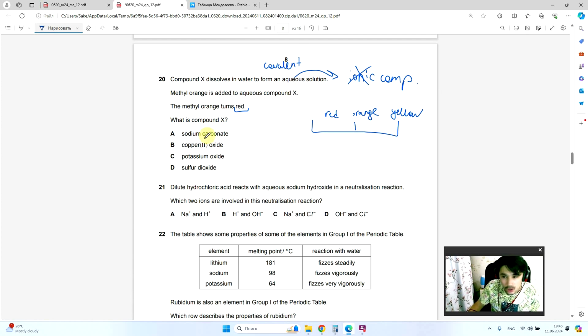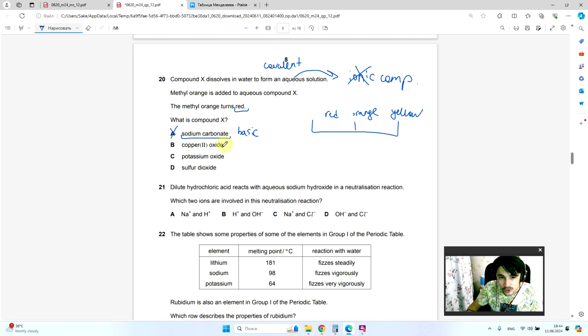So sodium carbonate is a salt that can undergo hydrolysis process, and sodium carbonate solution is going to be basic, so this is not our option. Copper oxide is insoluble in water.